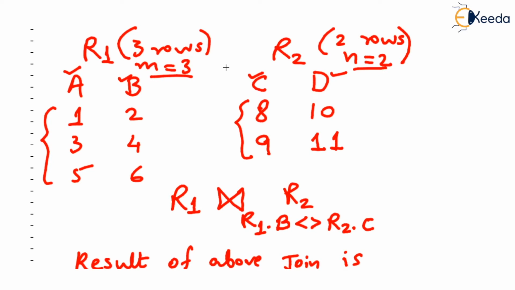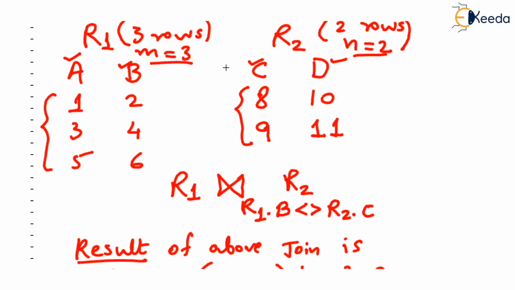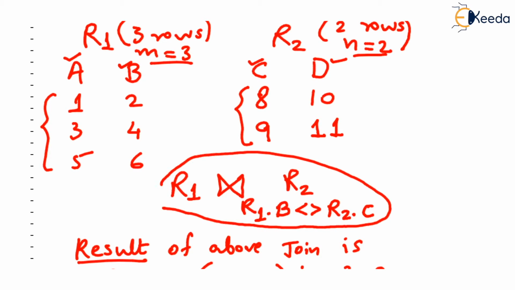Now we purposely think of a join as follows. R1 is joined with R2 such that R1.B, that means this B column, should not be equal to R2.C, that means this column. So in the join result, wherever B does not match C, those rows must be shown in the result.